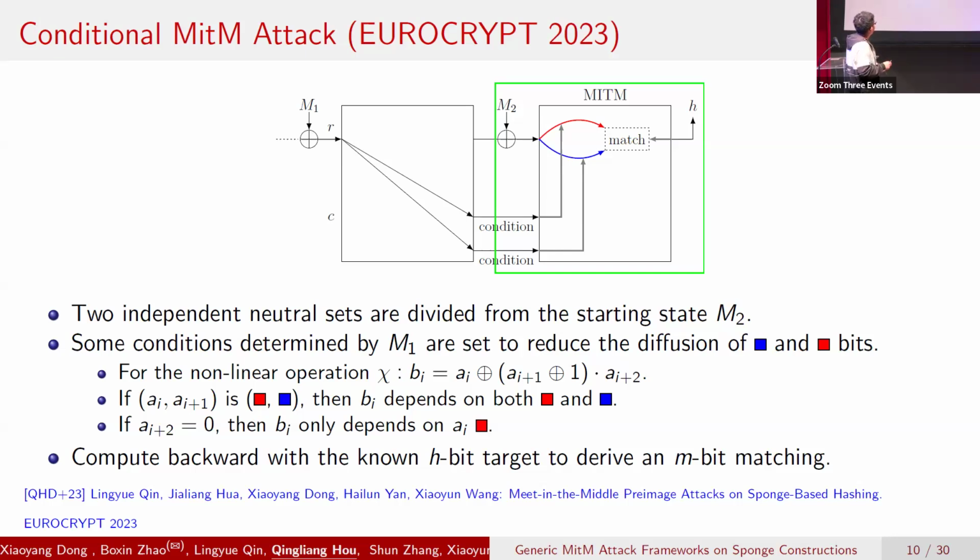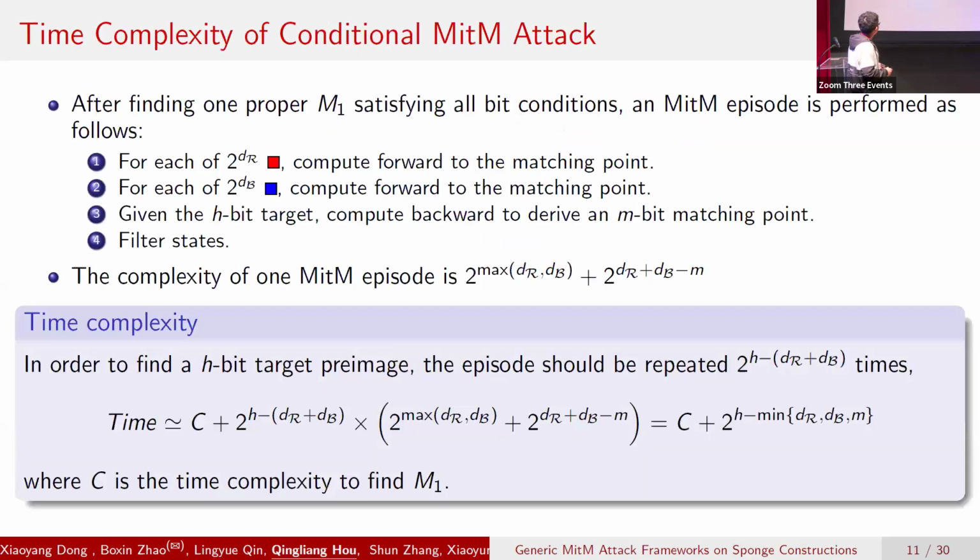So these conditions can reduce the diffusion of the two neutral bits, and we do not need to take the state-based initial value into account anymore. The calculation of time cost is the same as stated above, except for an extra cost to find a proper M1 satisfying all bit conditions.